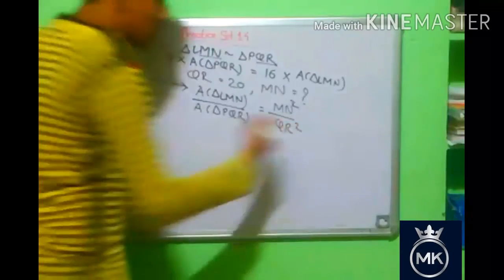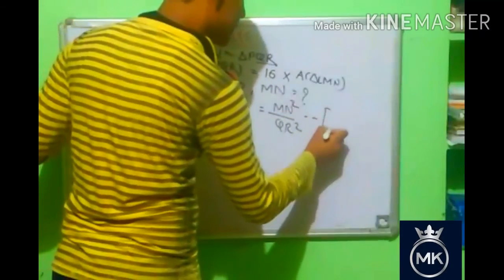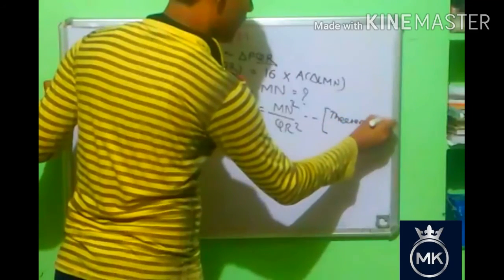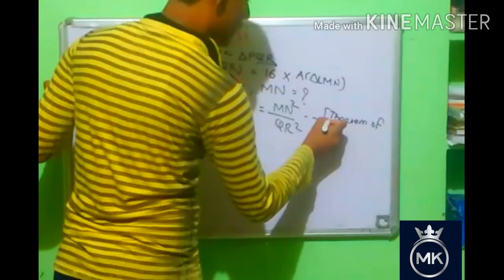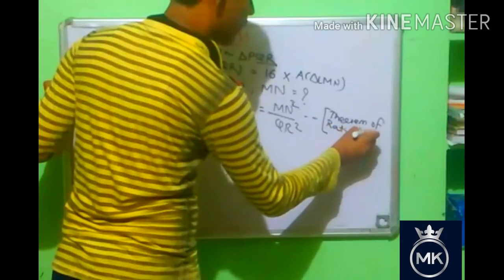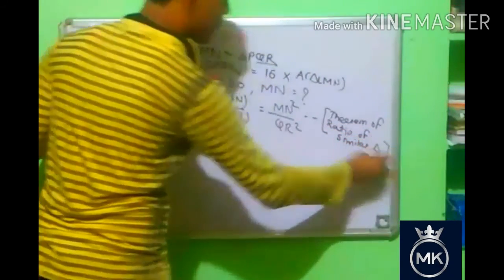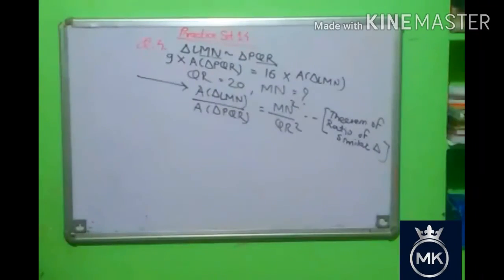And we also write the reason behind it, that is the theorem of the ratio of areas of similar triangles. The reason is very important.